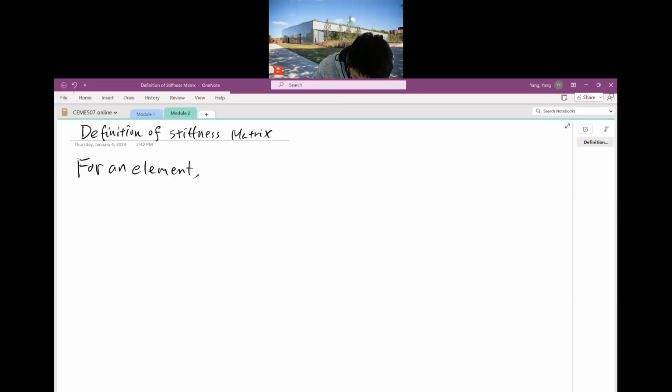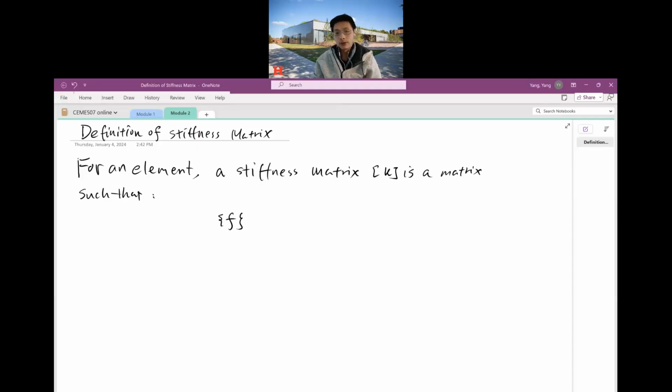Right? So we have a stiffness matrix, the k, where we use a lowercase k here, such that we have the relationship between the elemental forces, where we use the lowercase f to represent the elemental forces, equal to the stiffness matrix times the elemental displacements.